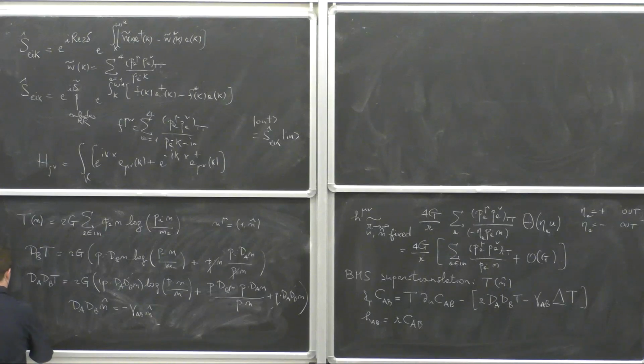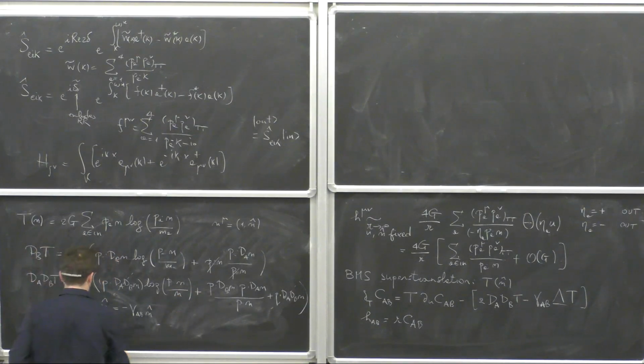So what we get is that delta T C_AB is the trace-free projection of this term here. I think also Simona denoted it with some angular brackets, so let me borrow the same notation.